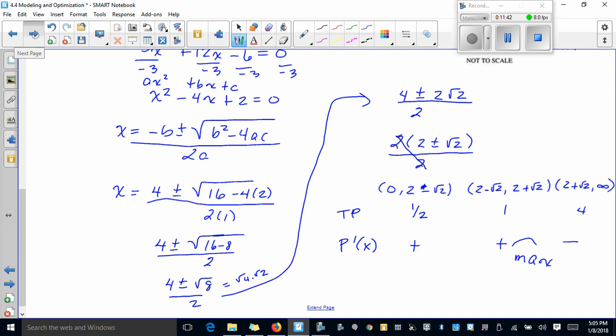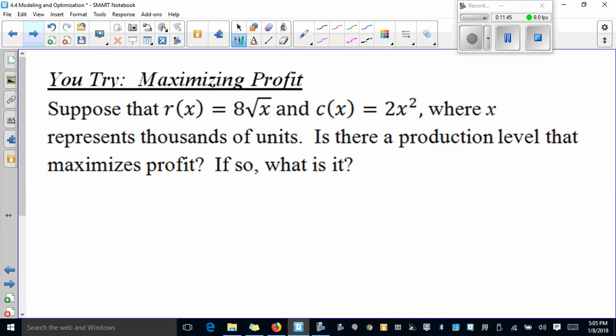So our profit is going to be revenue minus cost. So in this case, it's going to be 8 square root of x minus 2x squared.